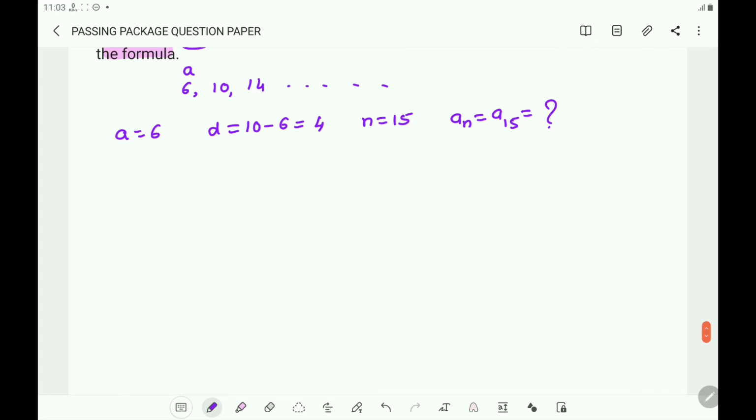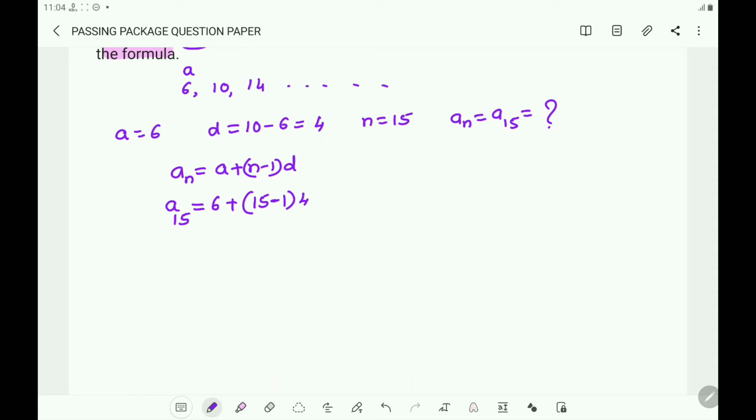Write the formula. You must know the formula: an equals a plus n minus 1 into d. Write the formula correctly. You have to find the 15th term, that is a15 equals. In the place of a, what do you write? 6. a is 6 here. So it becomes 6 plus n, n is 15, so you write 15 minus 1. Then d is 4.